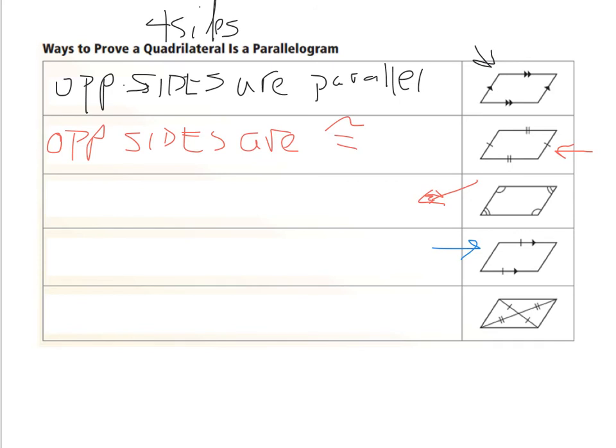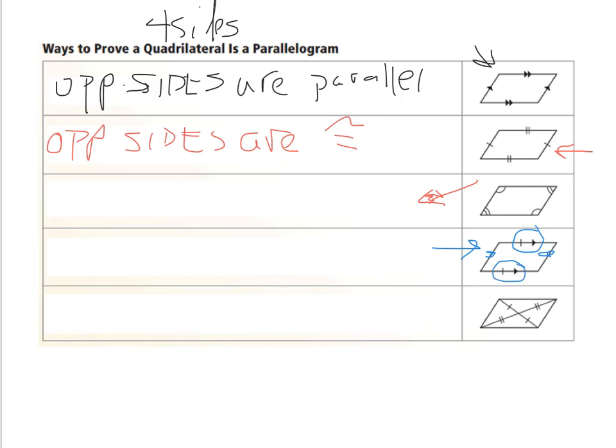Well, notice they don't tell us anything about this side or this side. We know nothing about those two sides. But remember, we just learned a theorem about a parallelogram that if we have one pair of sides that are parallel and congruent, then it's a parallelogram. And don't we have that? Isn't this side opposite to that side?